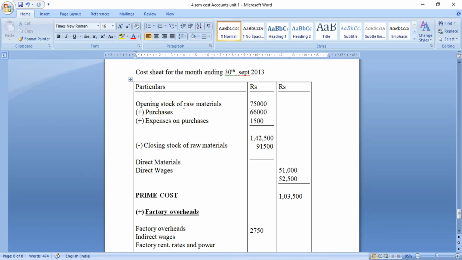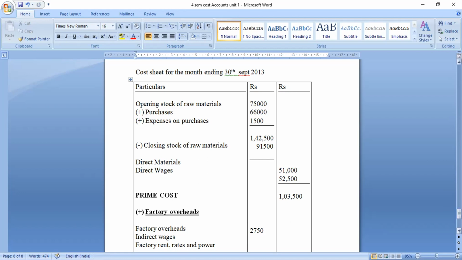What you can see is, first in the problem, opening stock. I have divided the cost sheet into 5 headings, which was discussed in the last class. First, opening stock of raw materials, purchases, expenses on purchases, minus closing stock gives direct materials. Suppose direct materials are given in the problem, there is no need to do that.